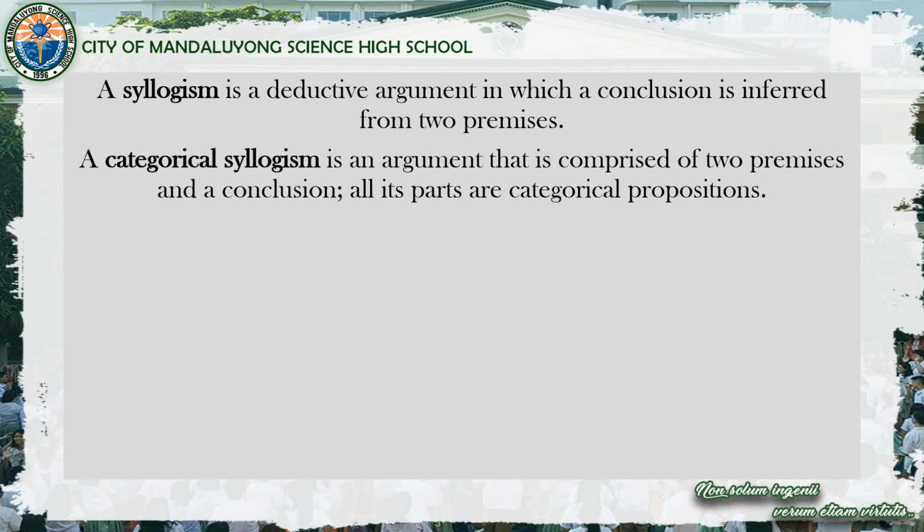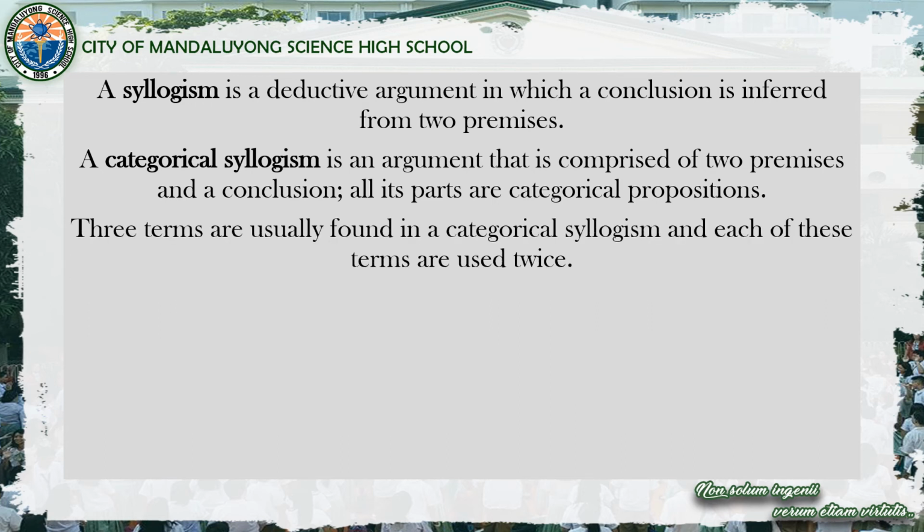And then a categorical syllogism is an argument comprised of two premises and a conclusion, all of whose parts are categorical propositions. A categorical syllogism consists of three categorical propositions that contain exactly three terms, each of which occurs in exactly two of the constituent propositions.